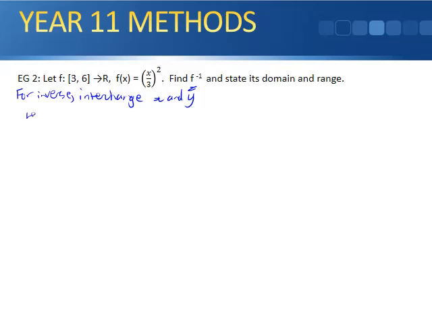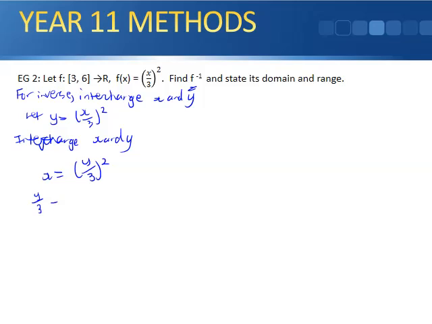So let y equals x over 3 squared. Interchange x and y gives us x equals y over 3 squared. So we end up getting y over 3 equals plus and minus, because when we square root, we have to take the plus and minus, and therefore we get y equals plus or minus, it's going to be times 3, so I can write it like this.